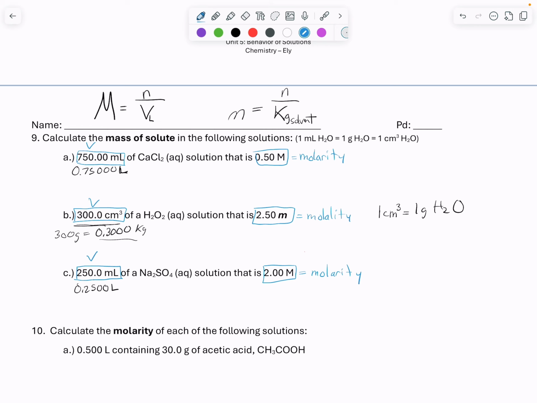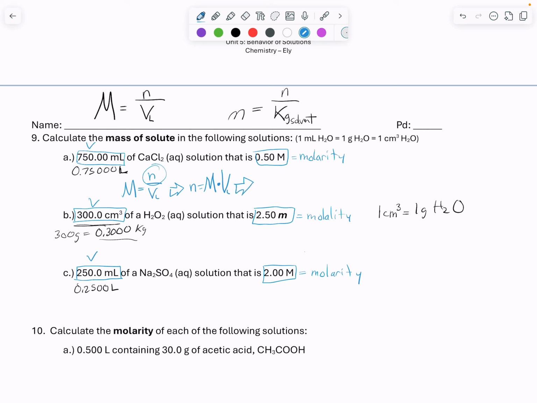For A, we're going to solve for our solute, so we're solving for moles. n is moles. Algebraically, just move it around: n is equal to the molarity times the volume.